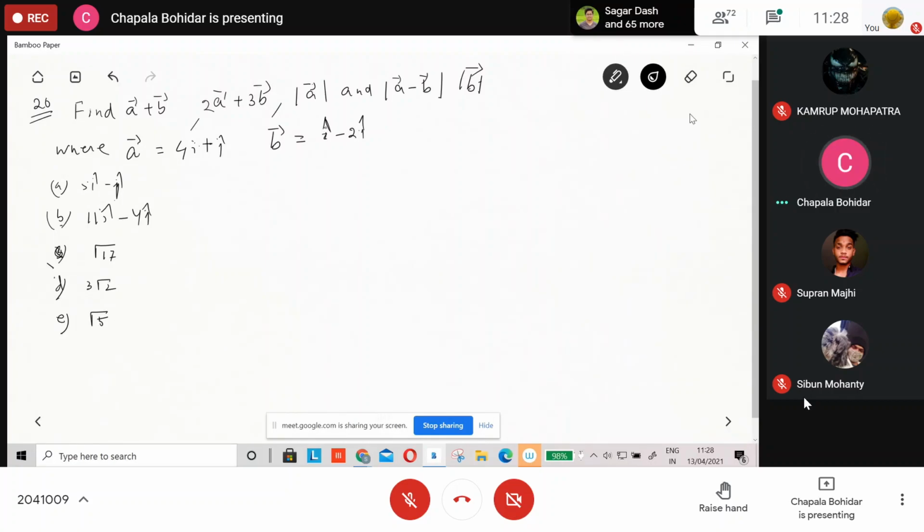27. What is the angle between the given vector and the positive direction of the x-axis?